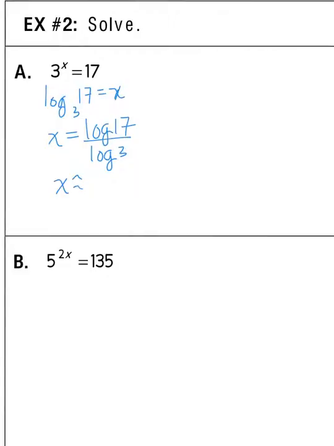And so x, rounded to 2 places, is about 2.58. And again, my variable's in the exponent, so there's no restrictions on that.